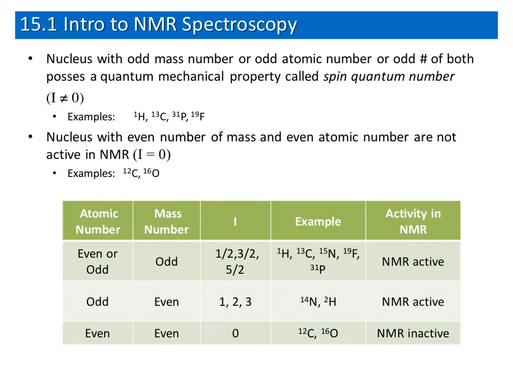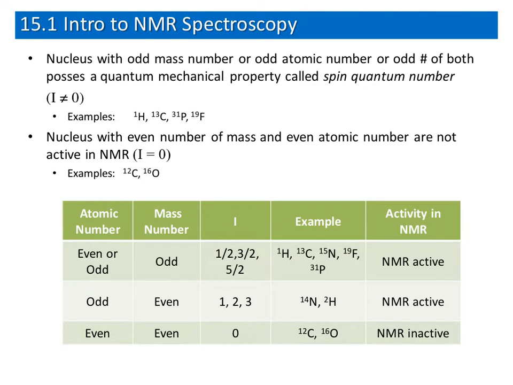In order to have a non-zero spin, the nucleus should possess either an odd mass number or an odd atomic number, or both of these numbers should be odd. So for example, hydrogen has the atomic number of 1 and the mass number of 1. So both of these numbers are odd. Therefore, the spin for hydrogen is non-zero, and actually the spin for hydrogen is one half.